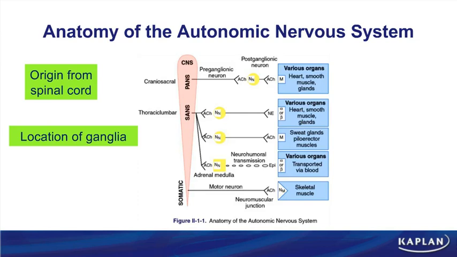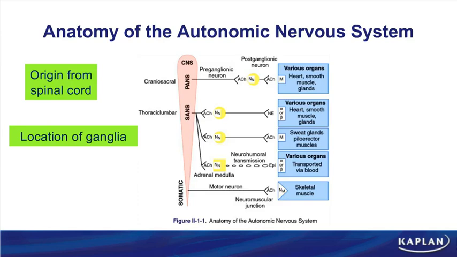But of course, the sympathetic ganglia are going to be found right next to the spinal cord, what we call paravertebral ganglion. And what that means is you're going to have a short preganglionic neuron and a much longer postganglionic fiber. So think about origin from the spinal cord and location of the ganglia to bring your anatomy back into this diagram.